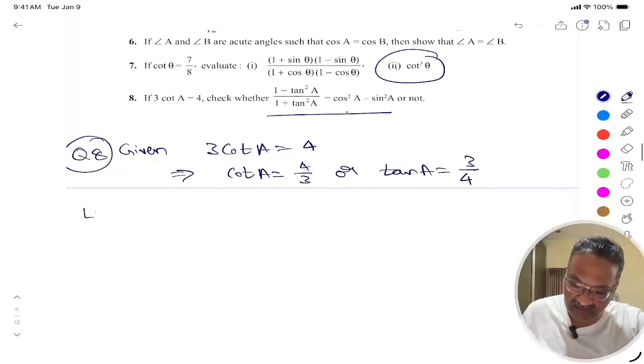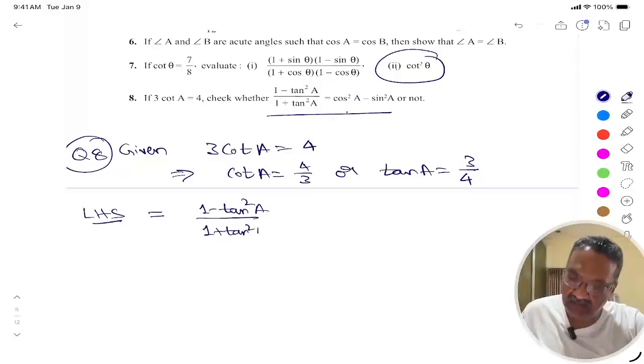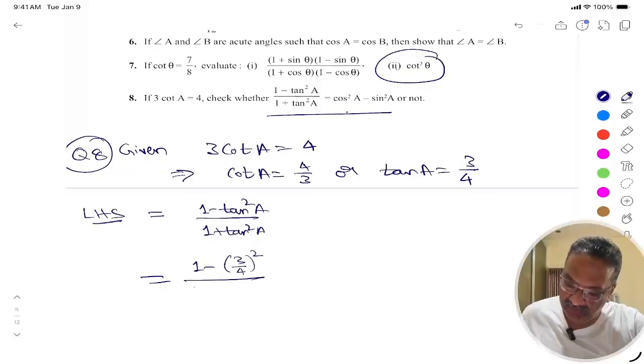Okay, first let us take LHS. LHS is equal to 1 minus tan square a by 1 plus tan square a, which is equal to 1 minus 3 by 4 whole square divided by 1 plus 3 by 4 whole square.